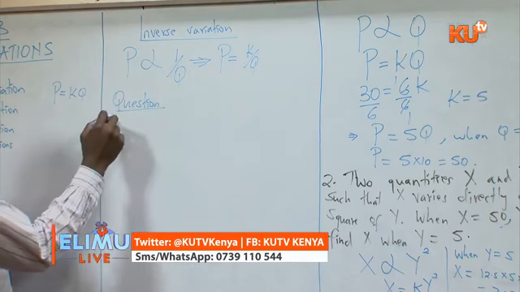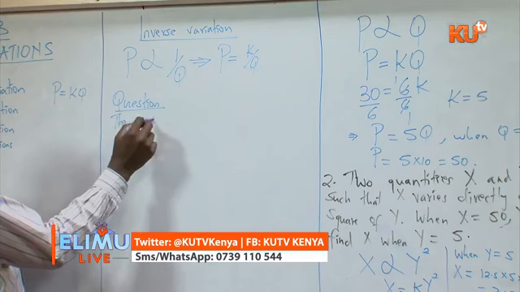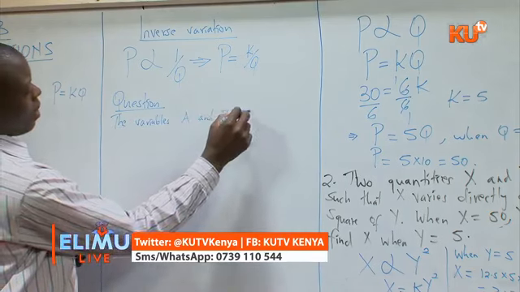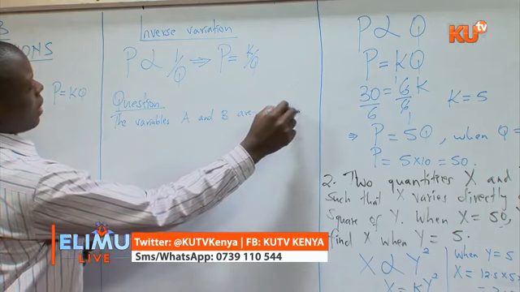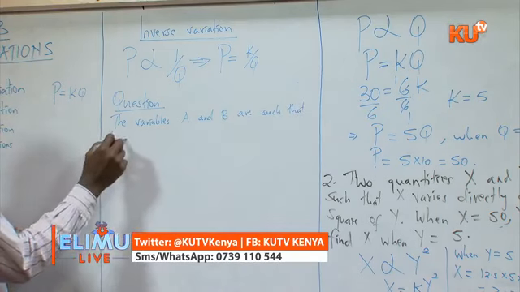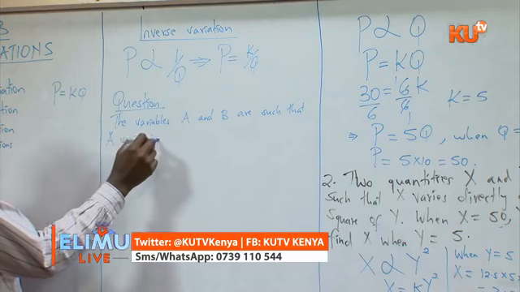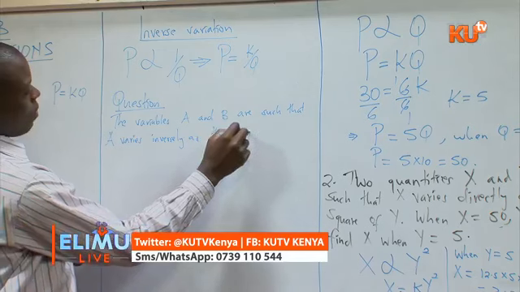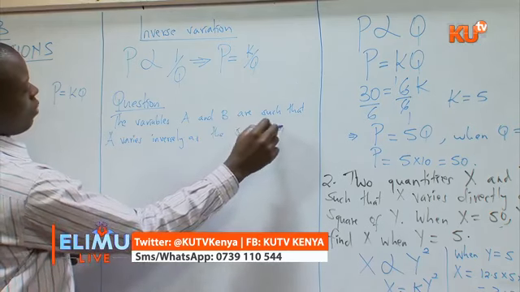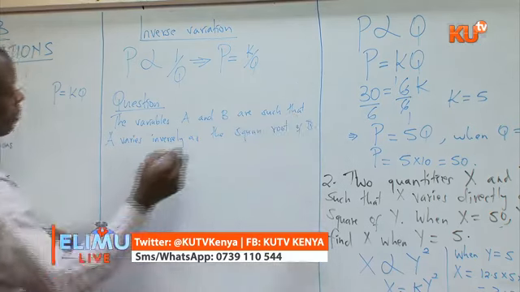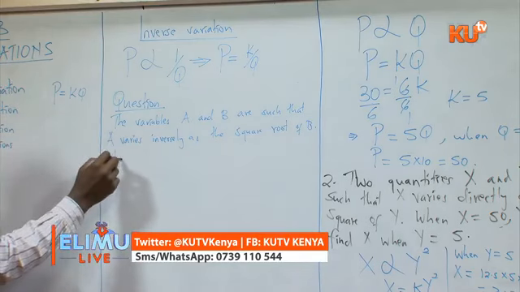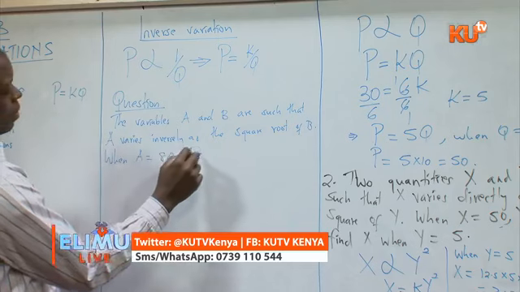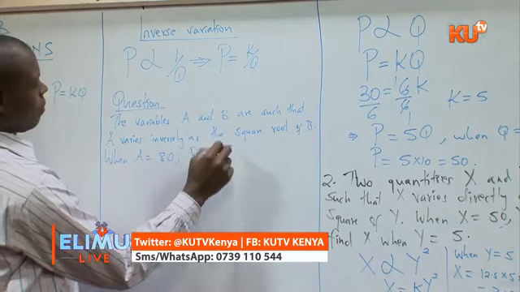You're told that the variables A and B are such that A varies inversely as the square root of B. When A is 80, B is 16.